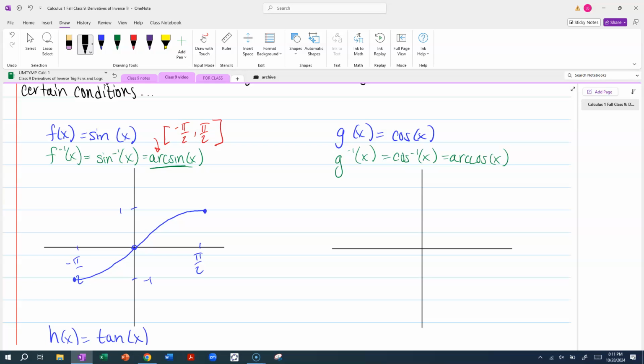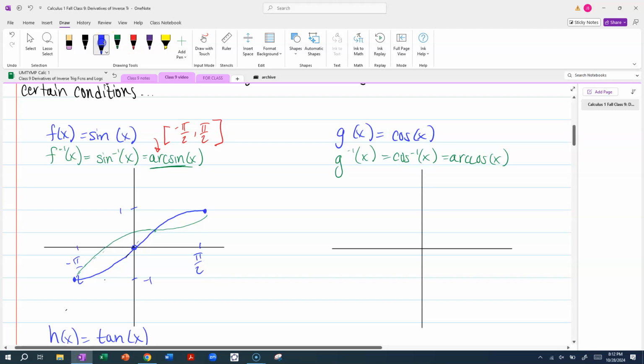I need maybe a better scale set up here, but if that's the line y equals x, then we're reflecting, and I don't think that's quite to scale, because what we would see is something like this for the inverse. They would meet right here. So that would be something like arcsine.